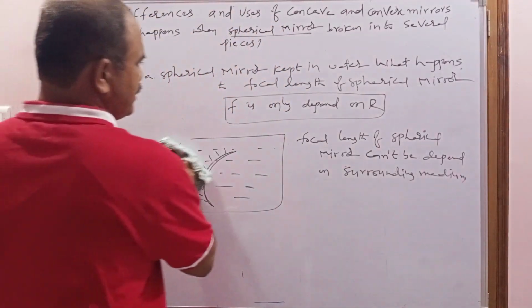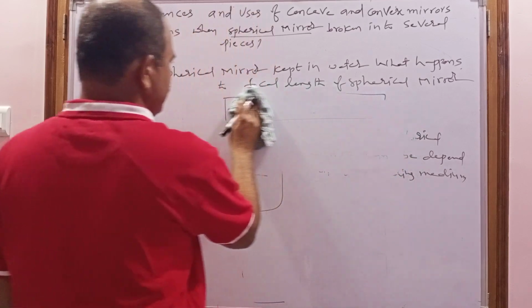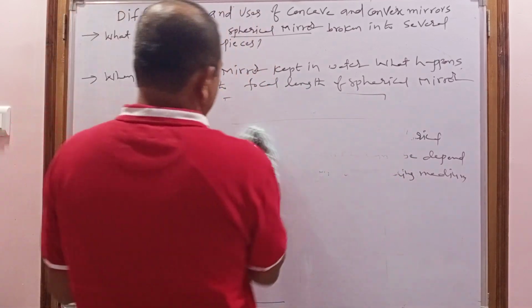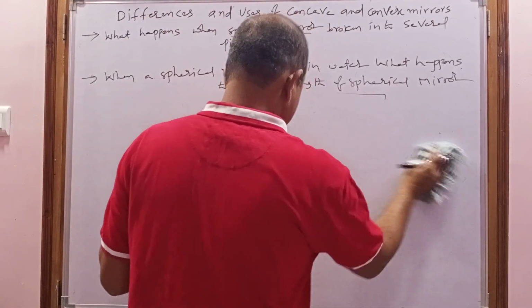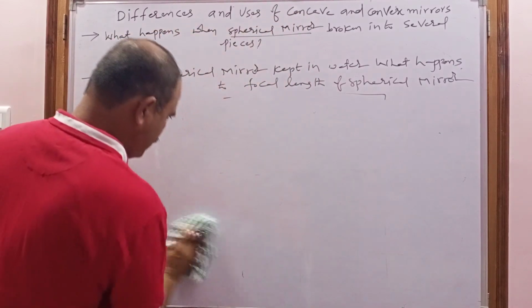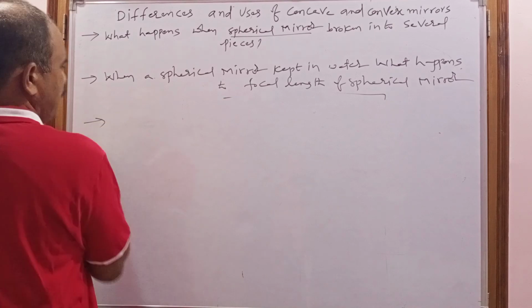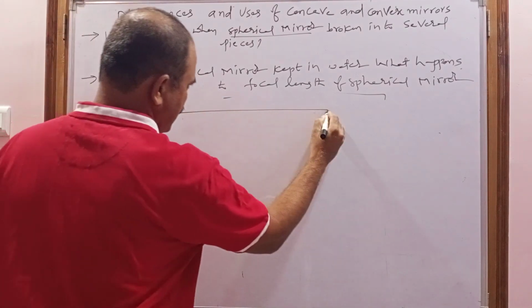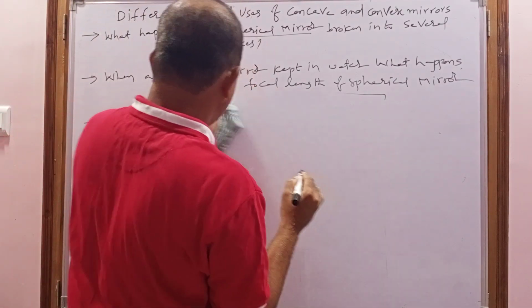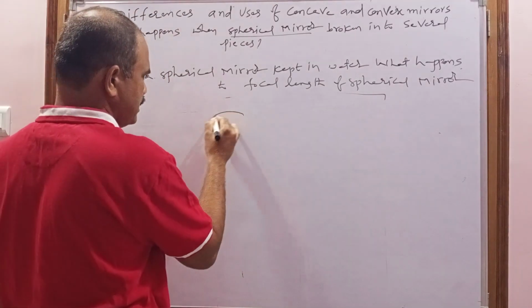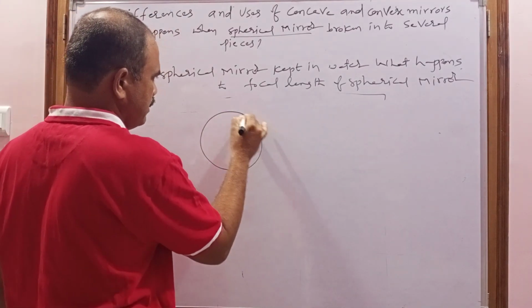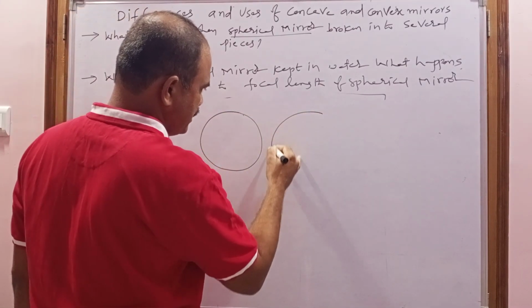And next we come to the third question. For example, two mirrors are given to you, placed or stuck to the wall. Let us consider this is the first mirror, and let us imagine this is the second mirror.